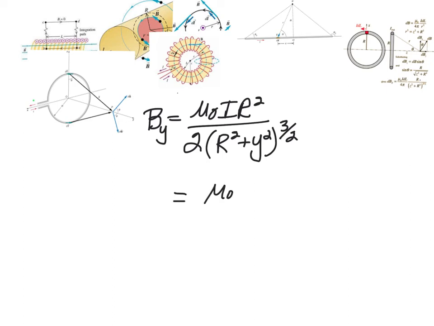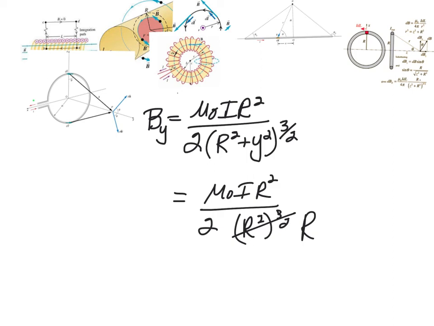Try it. You're going to have mu naught I r squared over 2, let y be equal to 0, you have r squared to the 3/2 power, so that's equal to r cubed, and so you have r squared over r cubed, and you end up with mu naught I over 2r.